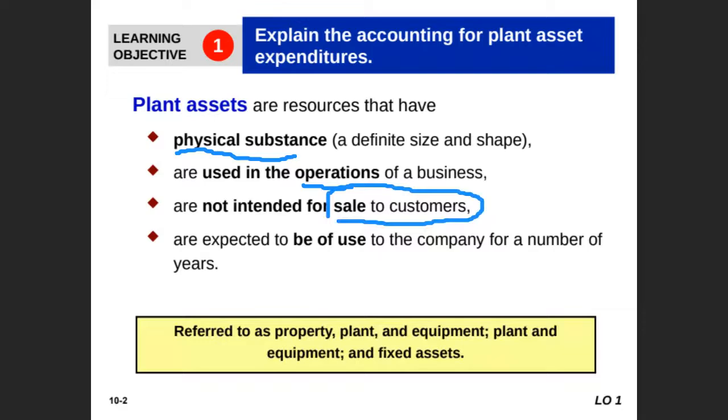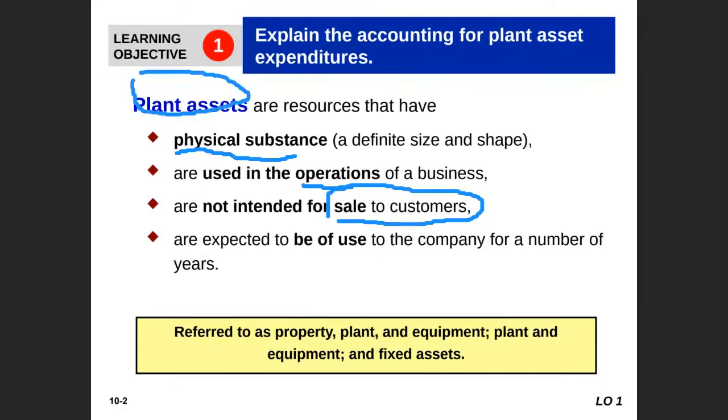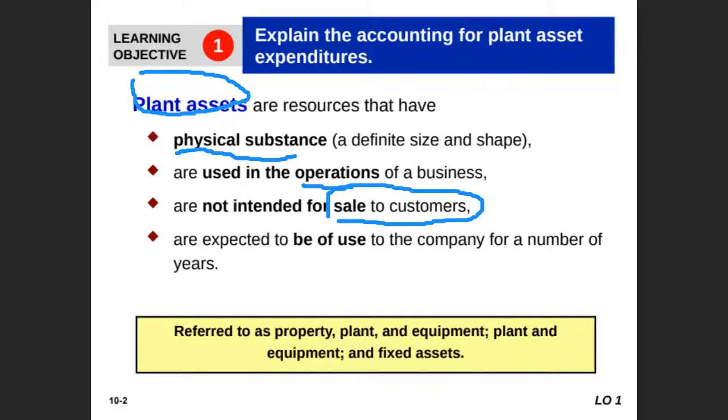These are the basic definitions to consider something as a plant asset, and it is also expected to be used for a number of years, next 10 years, 20 years, 50 years, whatever it is.